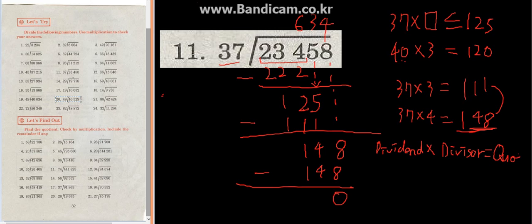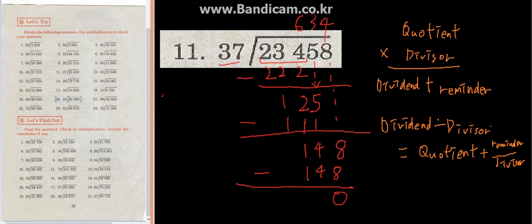Actually, quotient, plus remainder, but in this case there is no remainder. So, I'll make it more neatly. Forget about what I wrote before. This is a corrected version. Quotient multiplied by divisor is equal to dividend plus remainder, or dividend over divisor is equal to quotient plus remainder over divisor. So this is a neater version.